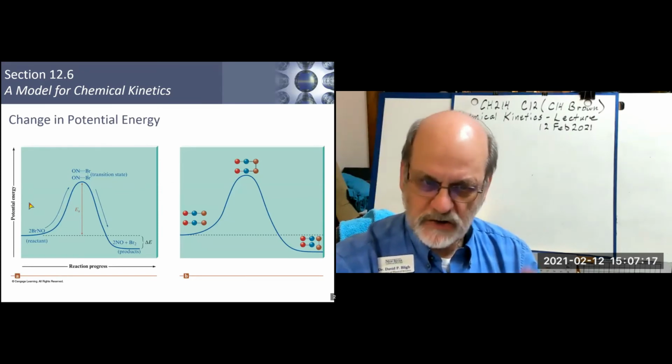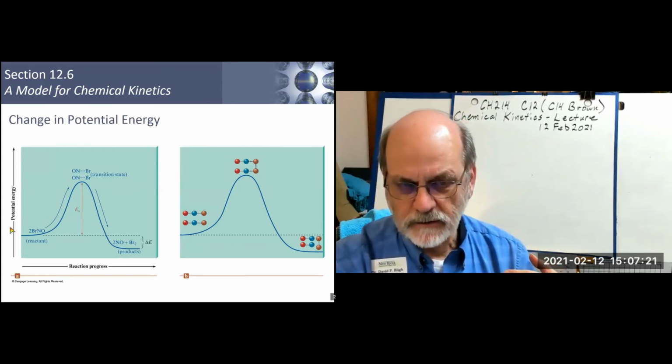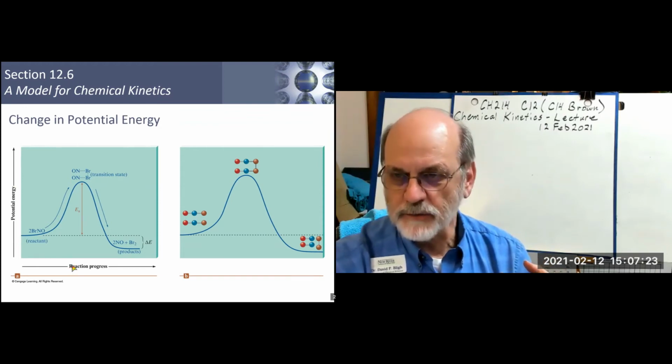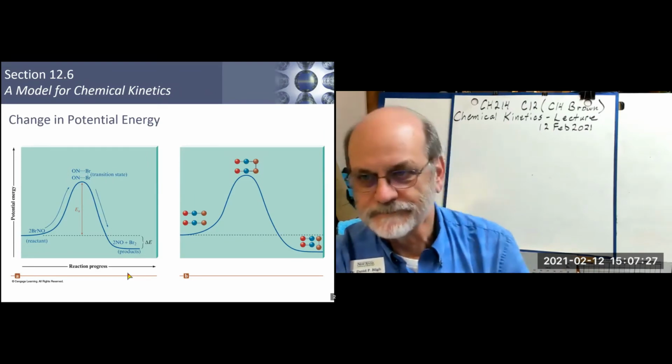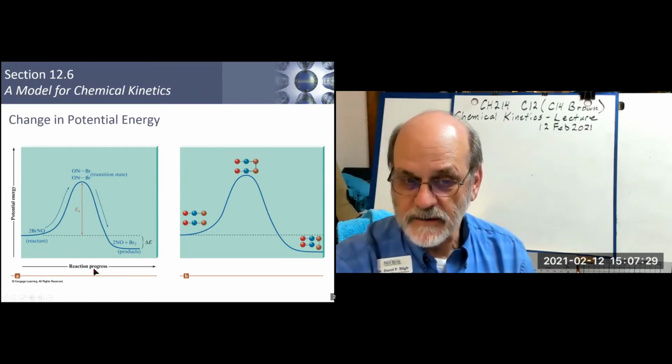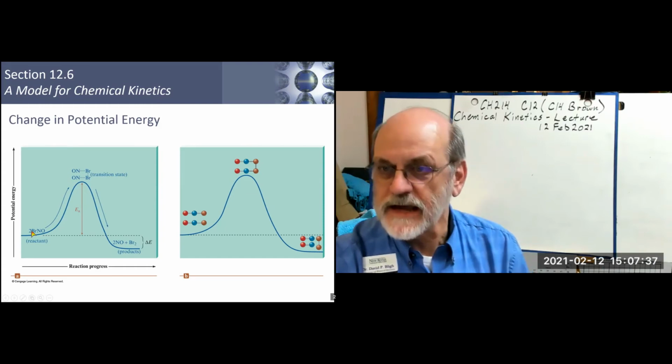Well, if we draw a picture with energy on the vertical scale, the y-axis, and the progress of the reaction, right, how far it's gone, on the x-axis, then we may start off here with reactants, and we add energy, right? This is, say, during a collision.